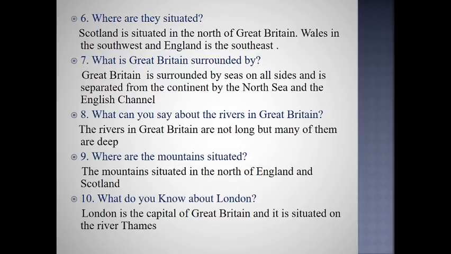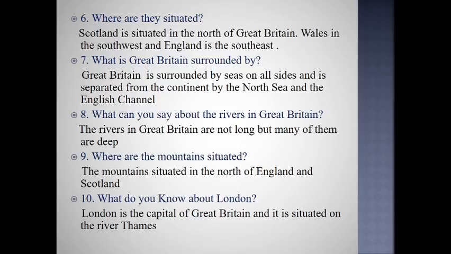What is Great Britain surrounded by? Чим оточена Велика Британія? Great Britain is surrounded by seas on all sides and is separated from the continent by the North Sea and the English Channel. What can you say about the rivers in Great Britain? The rivers in Great Britain are not long, but many of them are deep.